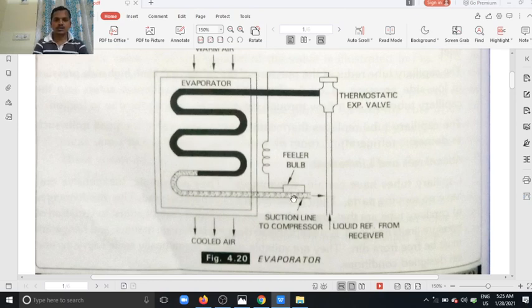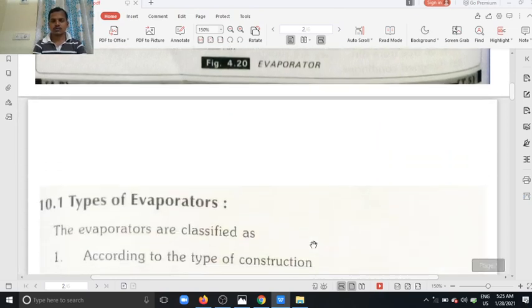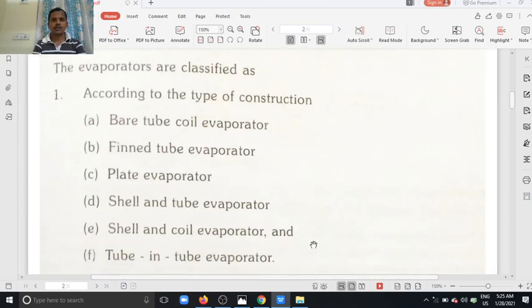Based on this condition of the refrigerant, this filler tube, filler bulb is used as the indication to the thermostatic valve. The thermostatic valve opens, and the refrigerant enters into the evaporator. So this is the evaporator construction. So now the types of evaporators.